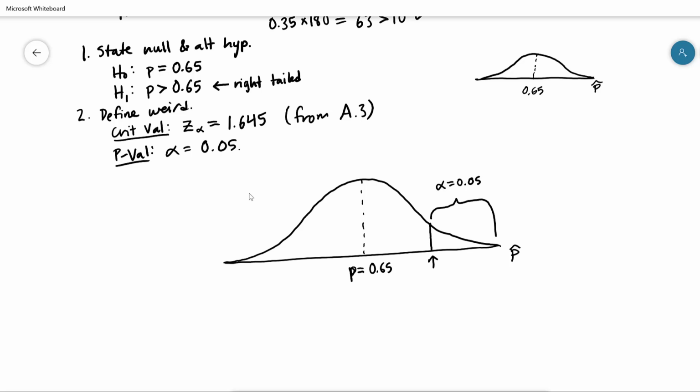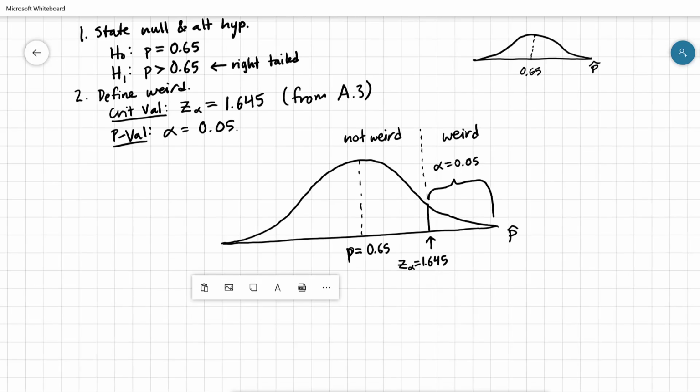And we just found that this z-score right here is z sub alpha equals 1.645. So this is where our cutoff is occurring. This is the weird region. This is the not weird region. If our result falls anywhere over here to the right, it'll be considered a weird result. If our result falls somewhere over here, it won't be considered weird. And that'll tell us whether or not we're going to reject the null hypothesis down the line.